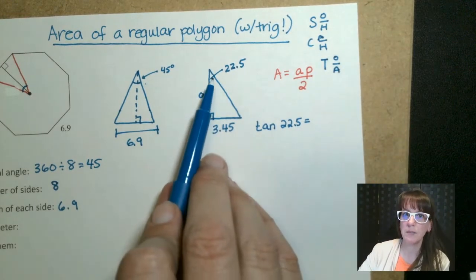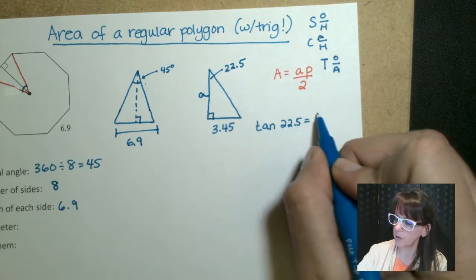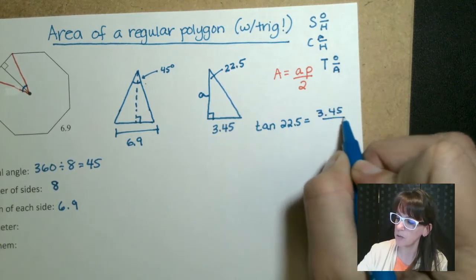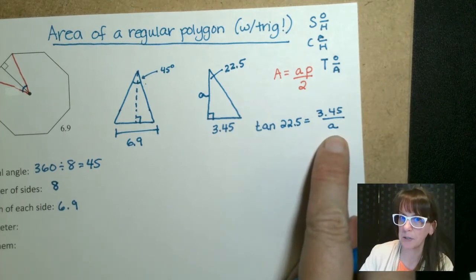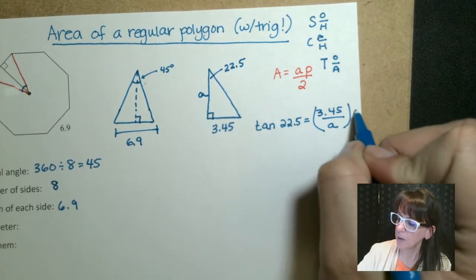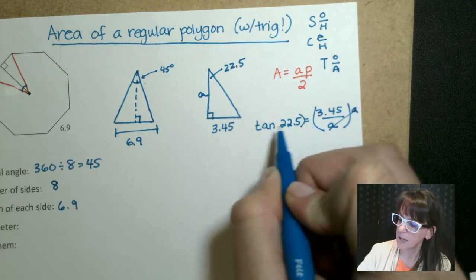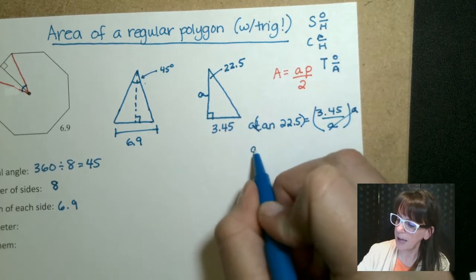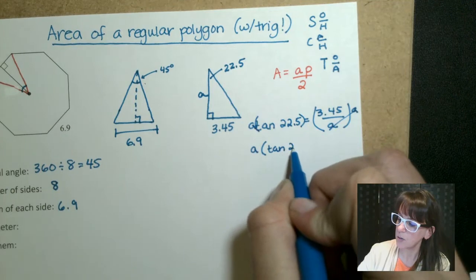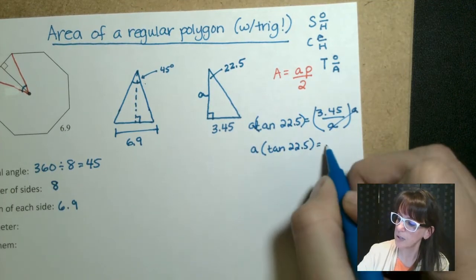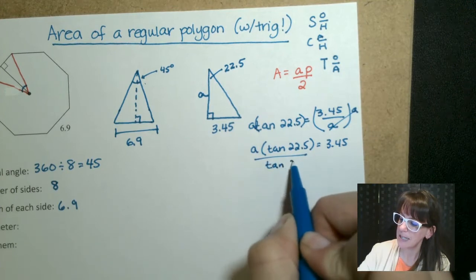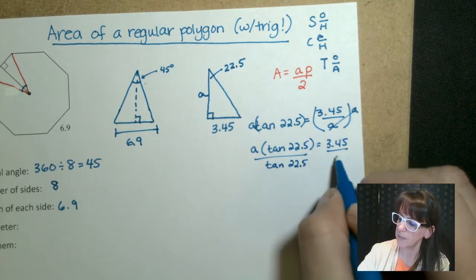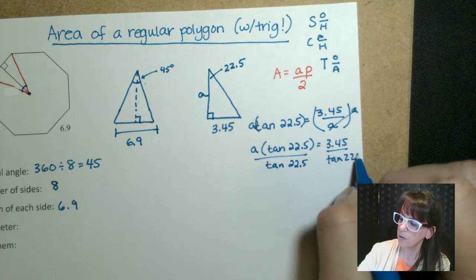So the opposite from 22.5 is 3.45, over adjacent, which is A. Now, if you have your variable in the denominator, you have to do a double step. What do I mean by that? We're going to multiply both sides by A. So now we have A tangent 22.5 equals 3.45. I want to get that A by itself, so I'm going to divide by tangent 22.5 on both sides.